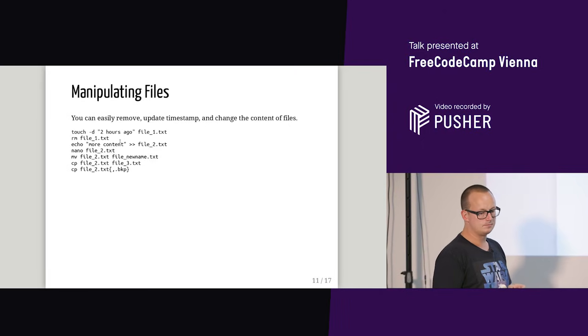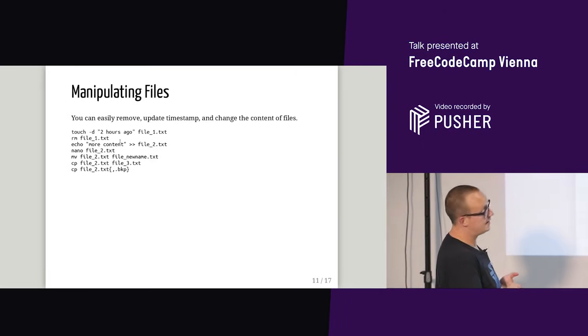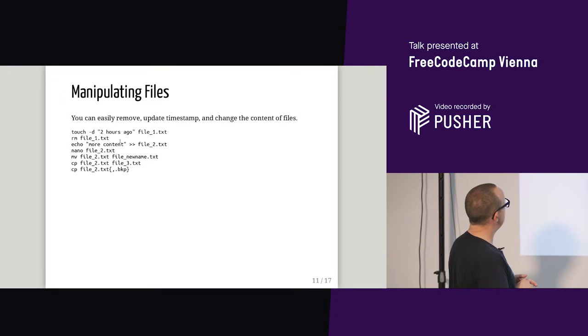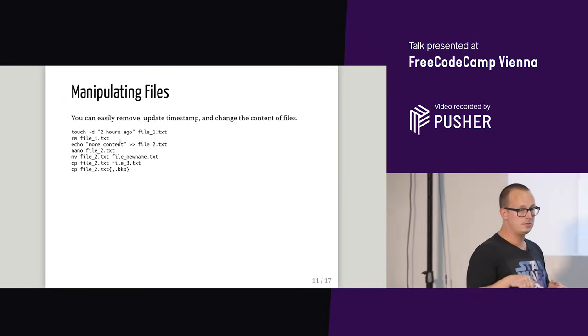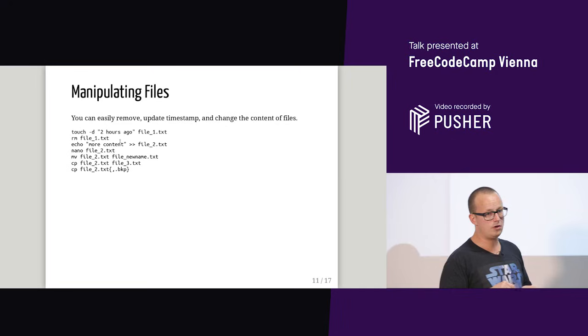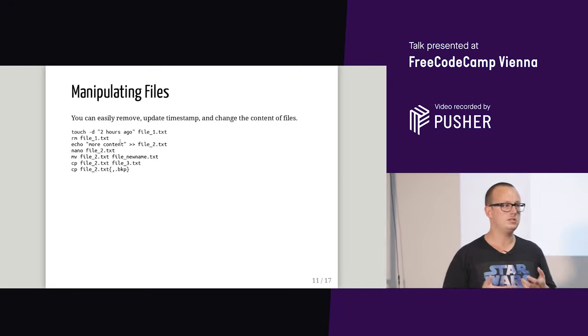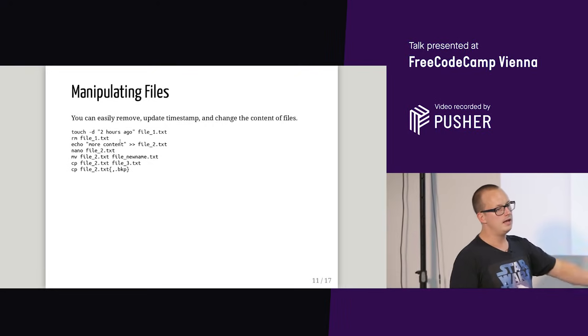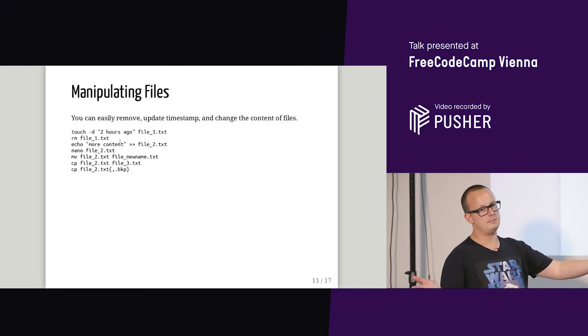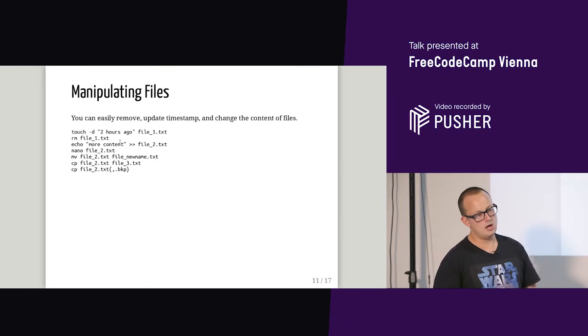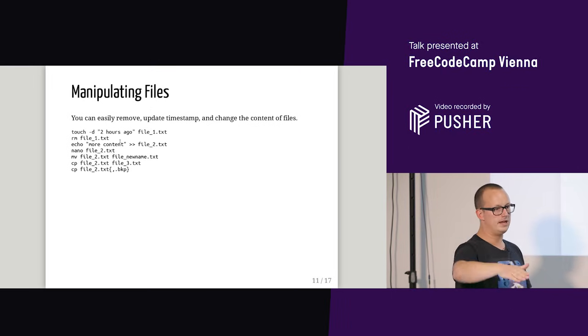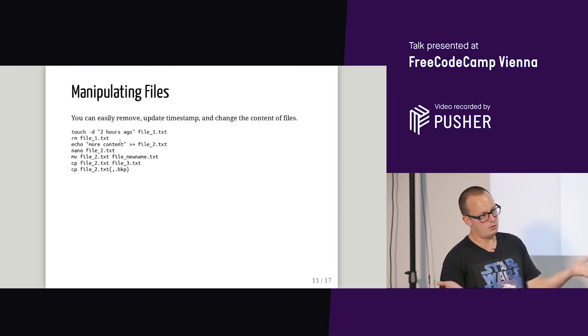Manipulating files. I will get to some examples afterwards. It's getting really tough now, but bear with me. Getting back to the touch command, if you use the option -d, you can specify, actually, now we don't want to create a file. We want to take an existing file and give it a new timestamp, meaning we created it 4 weeks ago, but for some odd reason we want to make it appear that we created it 2 hours ago.